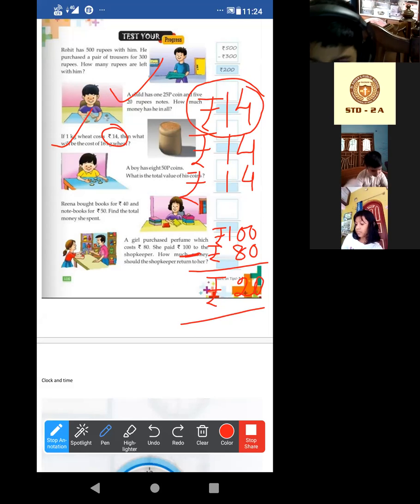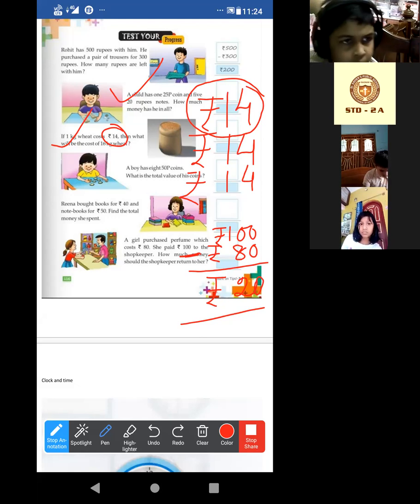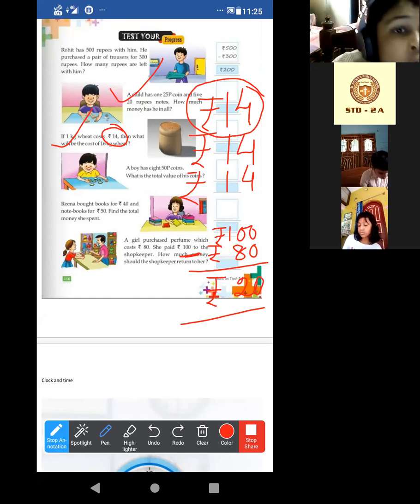That means 16 times we have to add rupees 14, because 16 kilogram we are taking now. But instead of adding these 16 times, it will take long time. So that's why we will multiply this 14 rupees by 16.